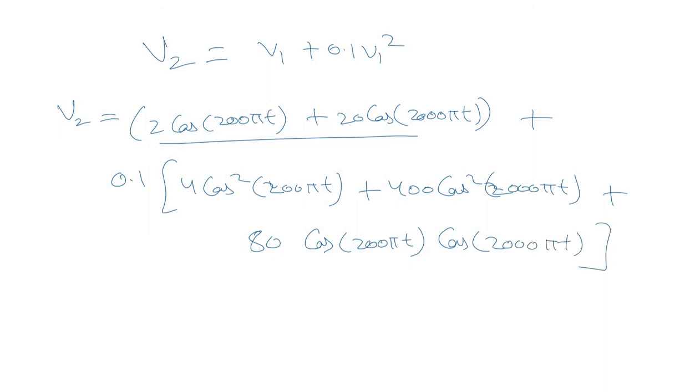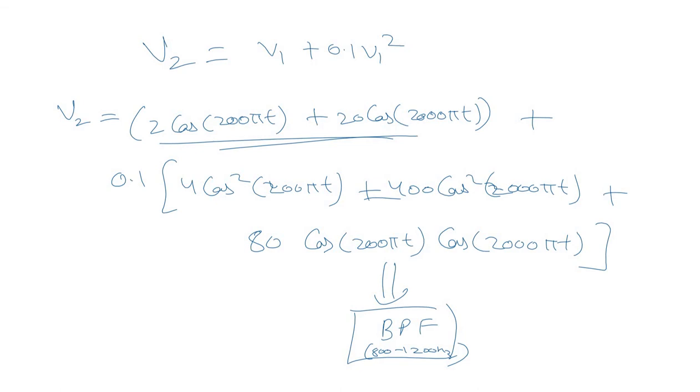Alright, now we pass this signal V2 through a band pass filter with passband of 800 to 1200 Hertz. Now let us carefully analyze term by term which of these terms in V2 will be eliminated and which will be passed.